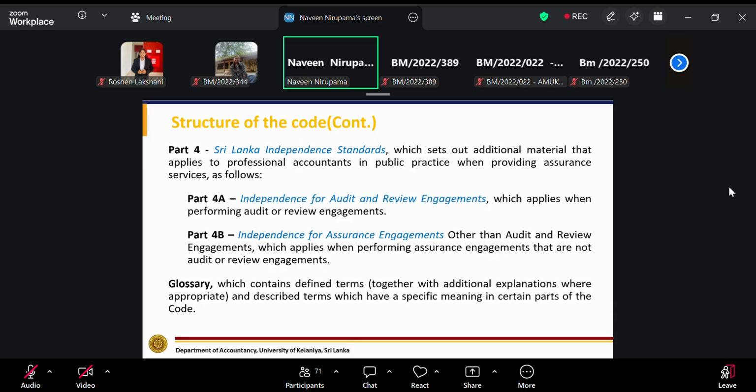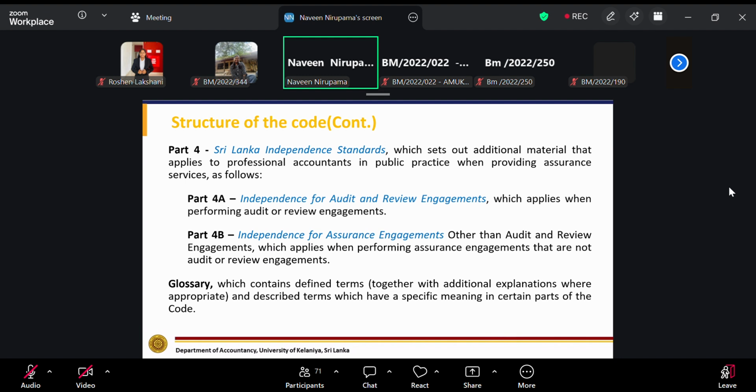Part 4A covers audit and review engagements, and part 4B covers engagements other than audit and review, and what codes and principles should be followed by the professional.